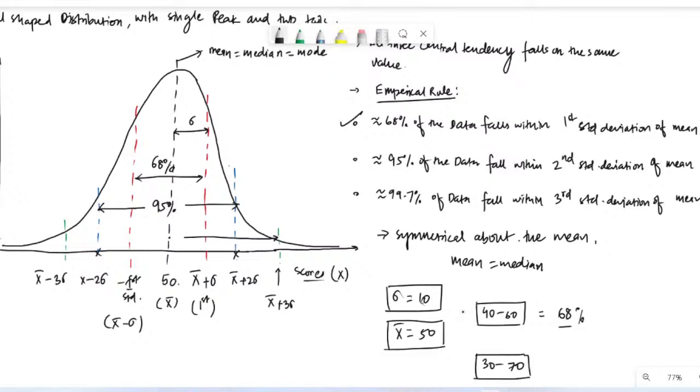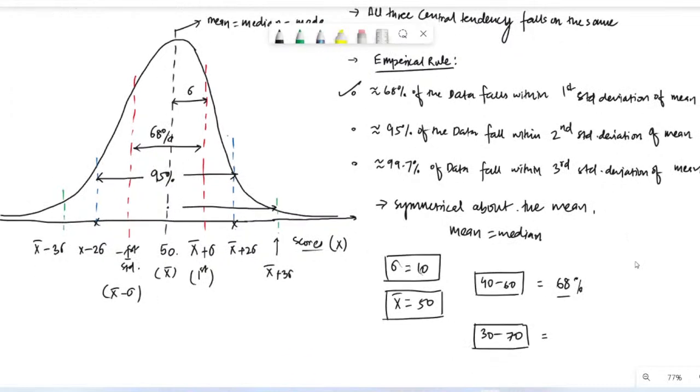So 95% of the total number of students will have their marks fall under the range of 30 to 70. This is just my assumption that my sigma is 10 and my x bar is 50.